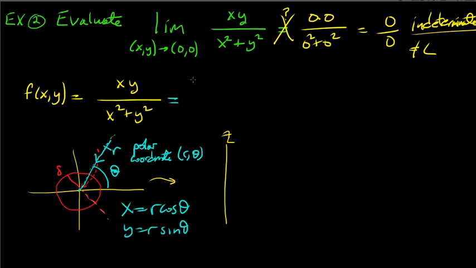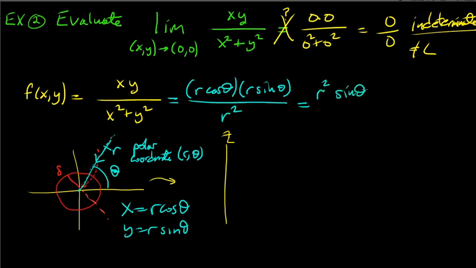So let's just plug these in here. x is r times cosine theta, y is r times sine theta. And in the denominator, well, you can work this out, but you just get r squared. x squared plus y squared is r squared. So this is really r squared times sine theta times cosine theta, all divided by r squared. That's convenient because r squared divided by r squared is 1, and they cancel.